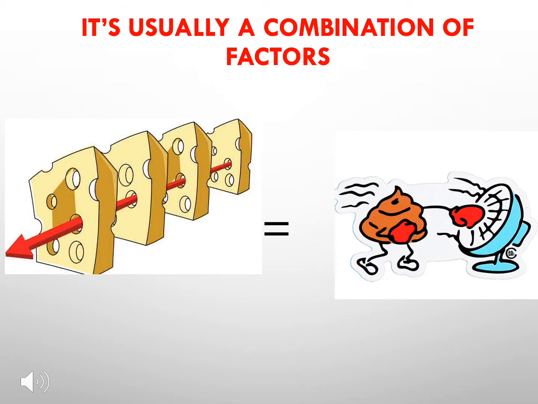You're probably all familiar with the Swiss cheese analogy in risk management discussions here, that for something bad to happen, it's usually when all the holes in the Swiss cheese line up. And indeed, that's the case.